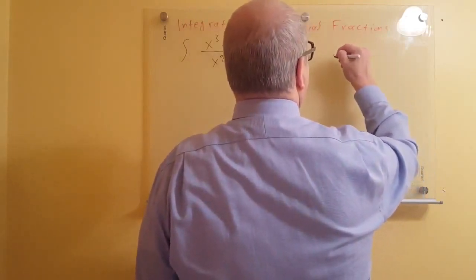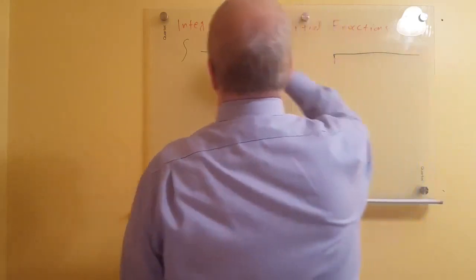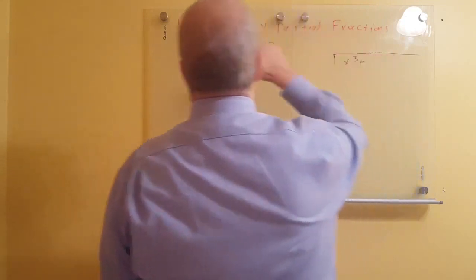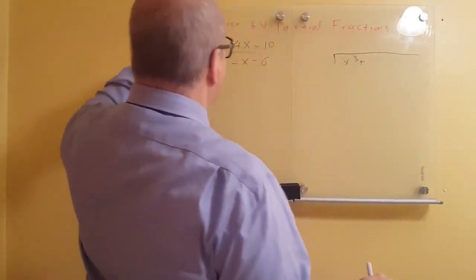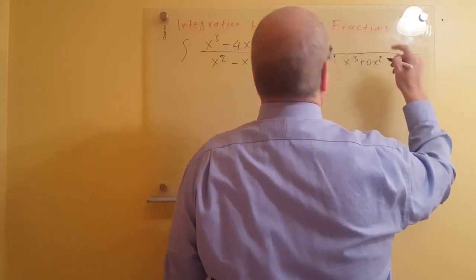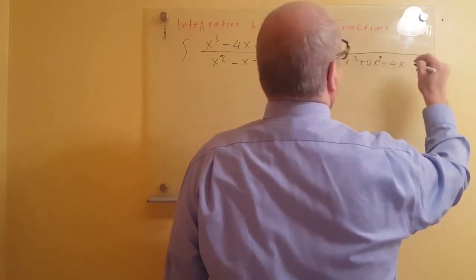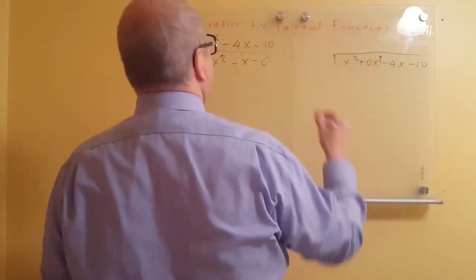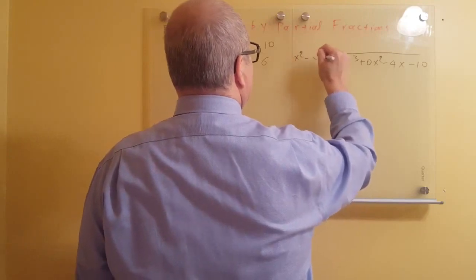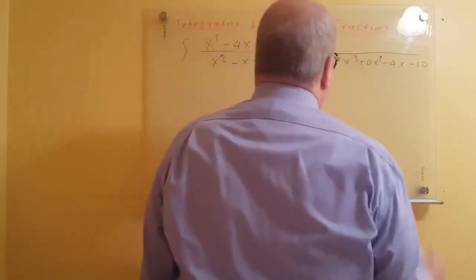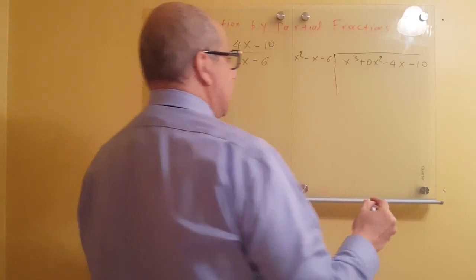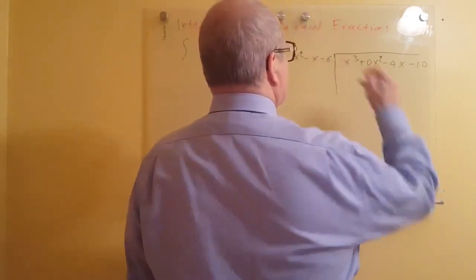So here we put the dividend, which is x to the third, and we have to put all the powers of x, because the x squared is missing, so it should be plus 0x squared, minus 4x minus 10, and here we put the divisor, which is x squared minus x minus 6. Now you divide the first term of this with the first term of this, so x to the third over x squared is x.